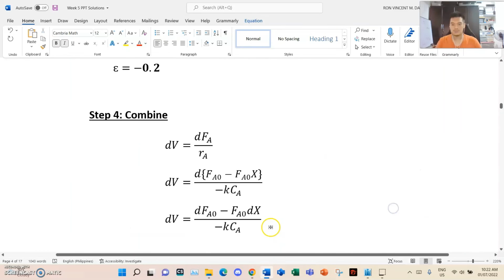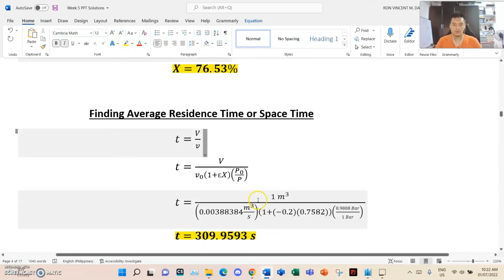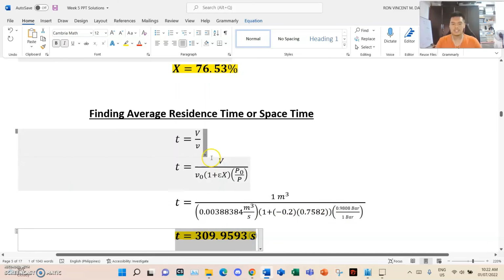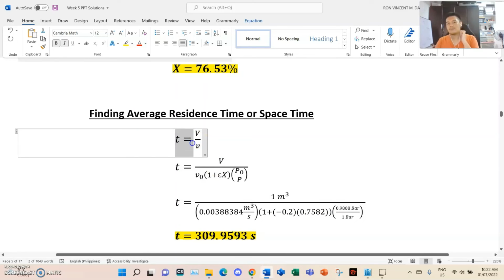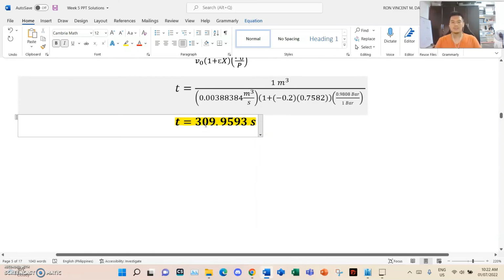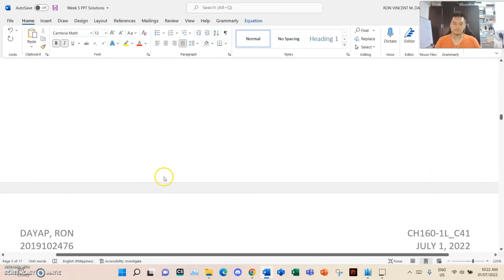Substituting it, since we already know everything, we have my residence time. Essentially this is actually space-time, and according to other references, space-time is also equated to average residence time. So the residence time is 309 seconds.